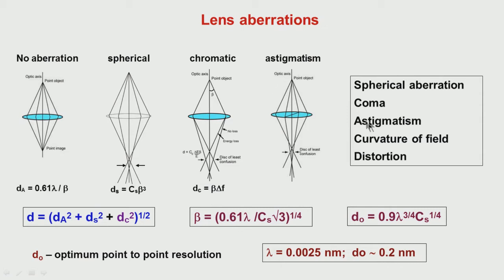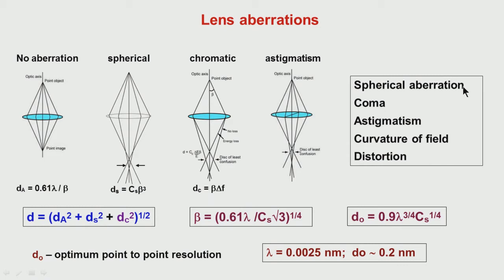We know the lens aberrations: spherical aberration, coma, astigmatism, curvature of the field, distortion. These are all the lens aberrations. If the astigmatism can be corrected and eliminated, the other aberrations can also be corrected. But what is essentially going to happen? The spherical aberration is inherently going to be there.